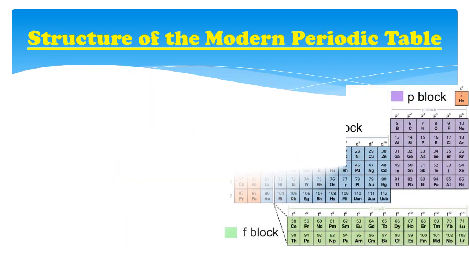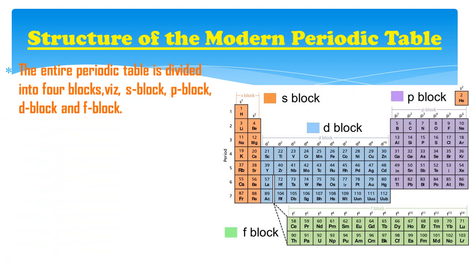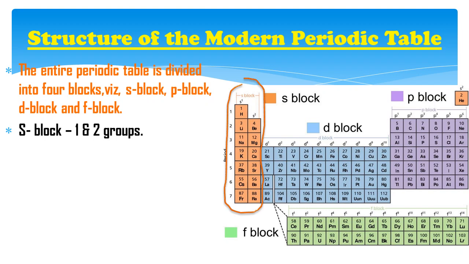Okay students, here you can observe the periodic table, and the entire periodic table is divided into 4 blocks, that is S block, P block, D block and F block. The S block contains groups 1 and 2. On the right hand side is the P block, which contains groups 13 to 18.